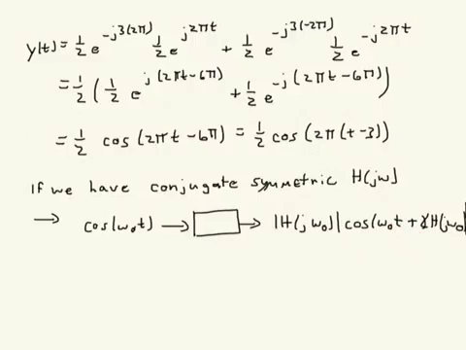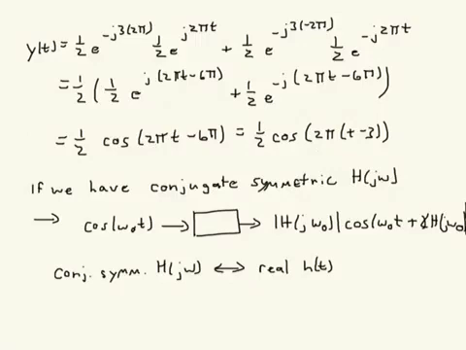And so whenever we have a conjugate symmetric frequency response, we can know that we'll be able to combine the two eigenfunctions that we split the cosine into back into two eigenfunctions that now represent a phase-shifted cosine. And the other thing to point out here is that a conjugate symmetric H of j omega means that we have a real impulse response h of t.